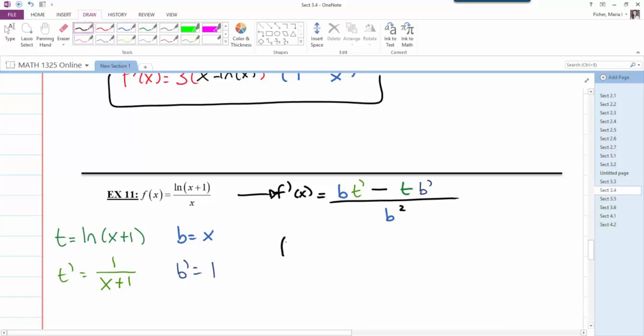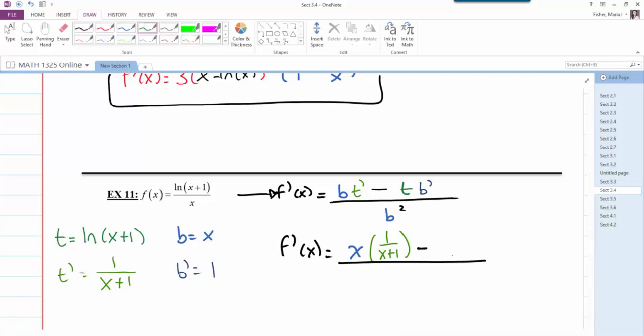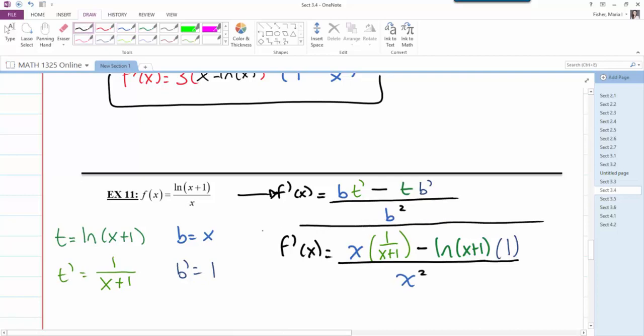So f prime of x is going to equal the bottom, which is x, times the derivative of the top, which is 1 over x plus 1, minus the top, which is the natural log of x plus 1, times the derivative of the bottom, which is 1, all over the bottom, which is x squared. And again, you can just go ahead and leave it like that. No need to clean any of that up.